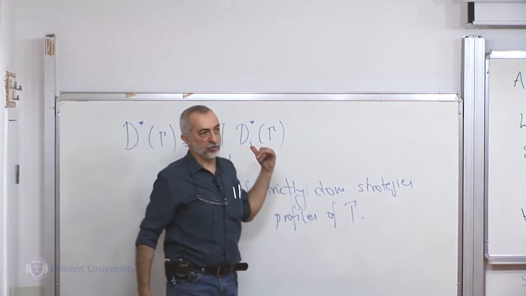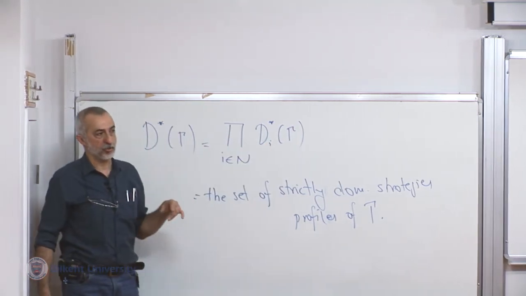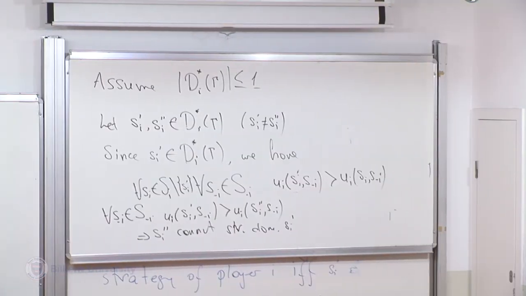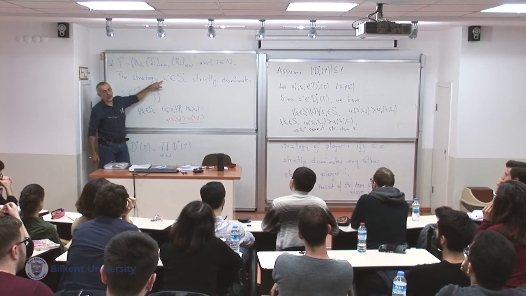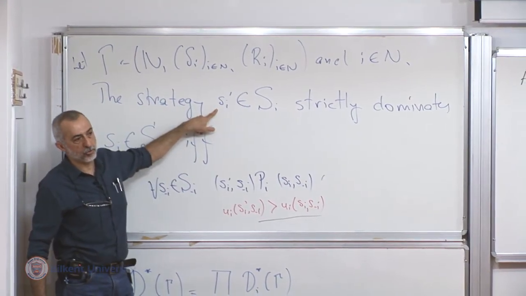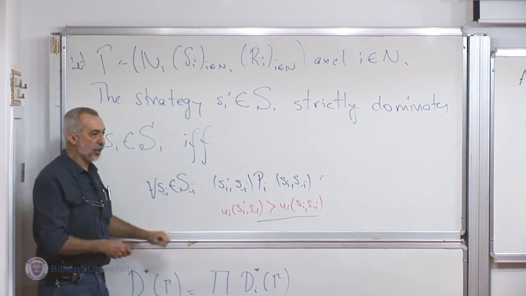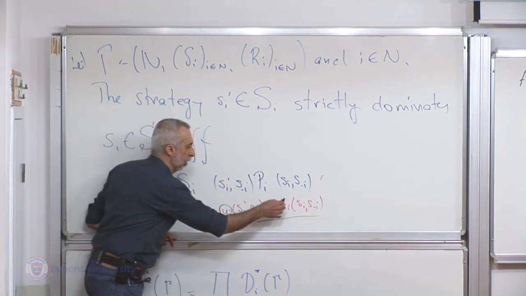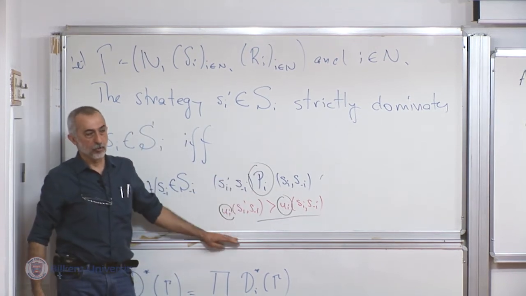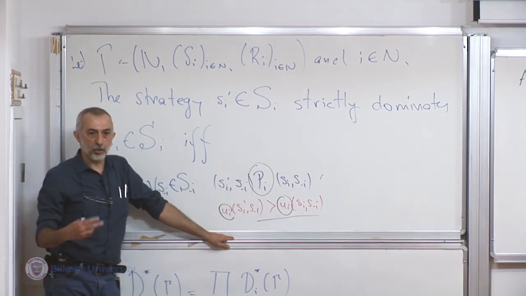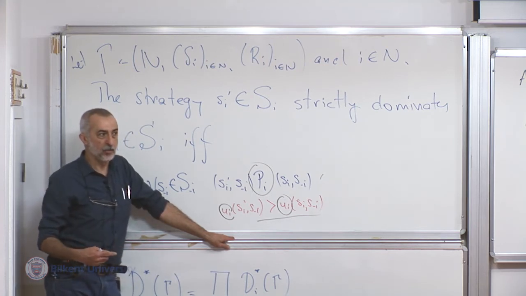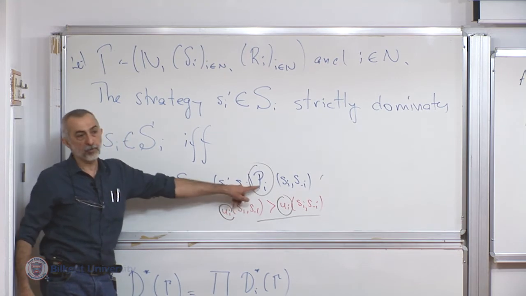There's one other thing which is good about this solution concept. When you're checking whether a strategy is a strictly dominant strategy of a player, all that you're using is the preference of that agent. So when agent i is trying to decide whether he has a strictly dominant strategy or not, all he needs to know is his own preferences.